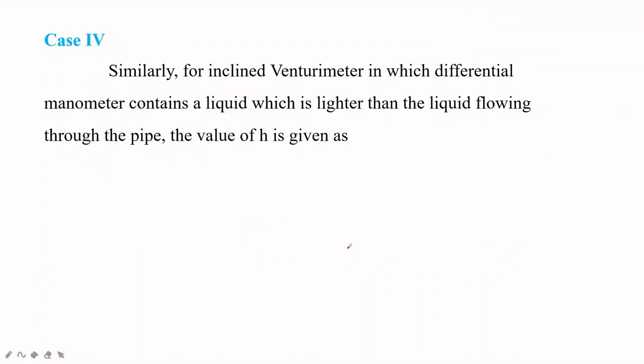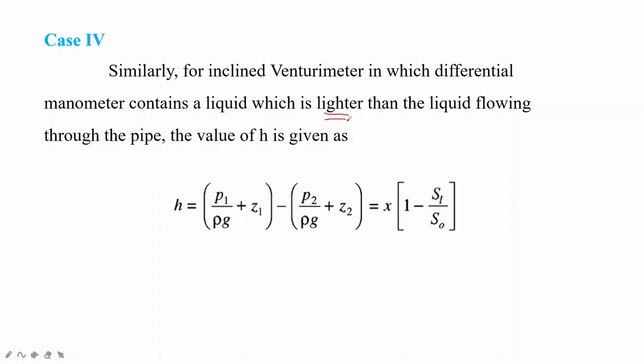So case 4. Similarly, for an inclined venturimeter in which the differential manometer contains a liquid which is lighter than the liquid flowing through the pipe, the value of H is given by the same: (P1 by rho g plus Z1) minus (P2 by rho g plus Z2) is equal to X into (1 minus SL by S0).